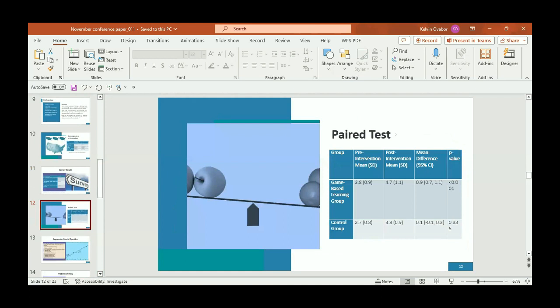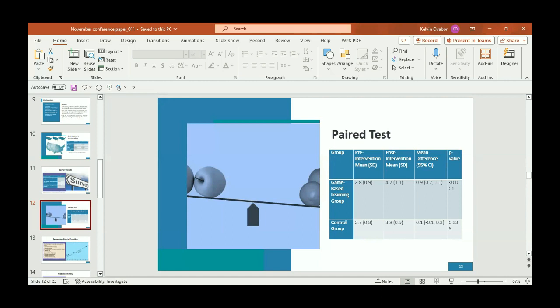Now, looking at the paired test, as you can see here, the two groups, the game-based learning group, that's the experimental group, those that were made to undergo the use of the game, while the control group, they didn't participate in making use of the game at all.